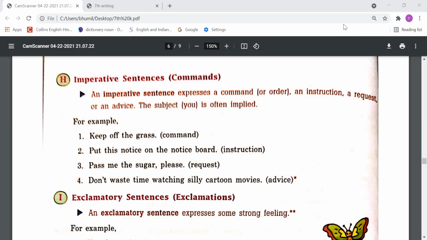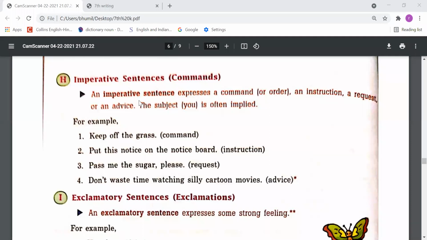So now we have come to page number 6. Here we have to understand, dear students, about imperative sentences. Let's read and understand. Imperative sentences: commands. An imperative sentence expresses a command or order, an instruction, a request, or advice.